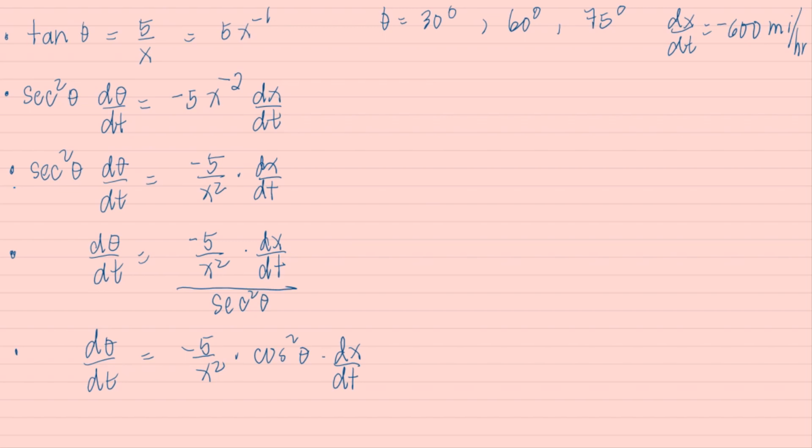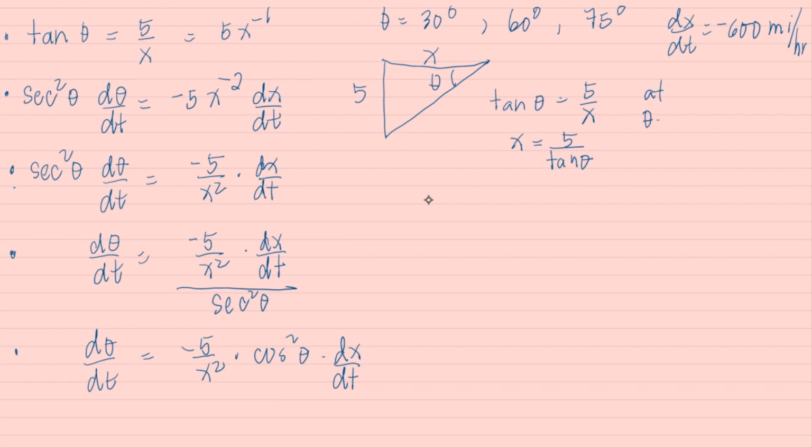So we can get the value of x by using again the relationship in the triangle. Here we have 5, this is x, and this is theta, the angle of elevation. Again, using tangent of theta is equal to 5 over x, when we solve for x, we have x is equal to 5 over the tangent of theta. So we will just substitute the values of theta, meaning 30, 60, and 75, and we will get the corresponding values for x. So let us do that.